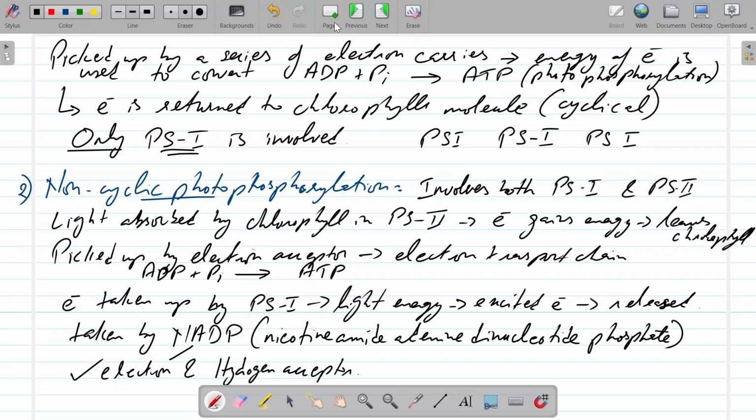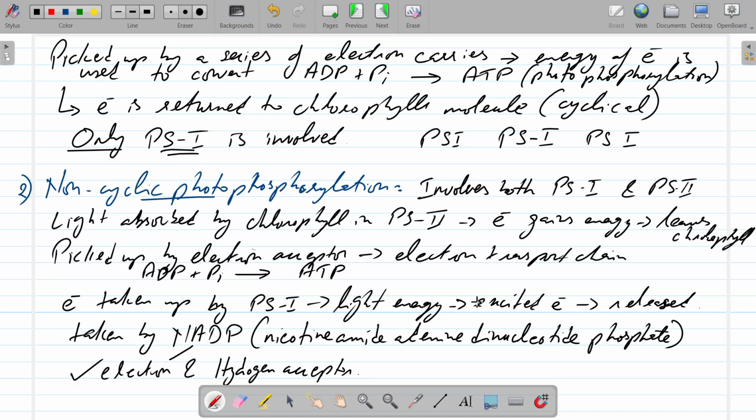Light is not falling in turns on photosystem 1 and photosystem 2. Light is falling on the leaf, on the chloroplast, reaching the chlorophyll in both photosystems, and so simultaneously electrons are being released by both. So this process is happening at the same time.